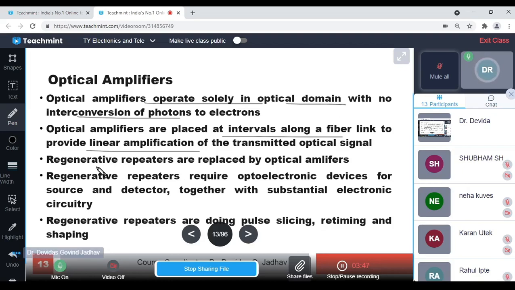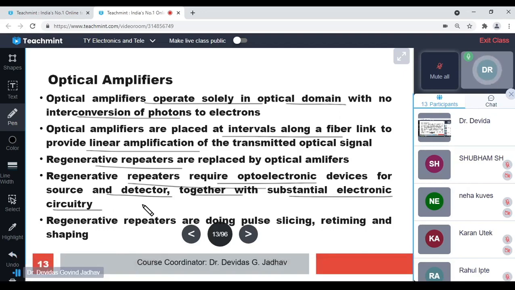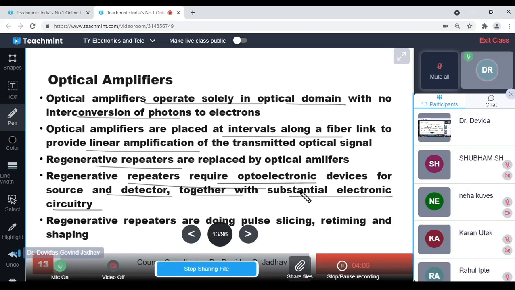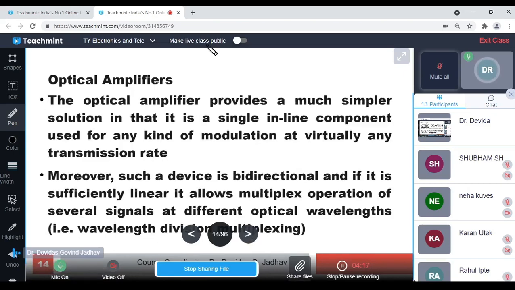Regenerative repeaters are replaced by the optical amplifiers, and the optical devices for the source and detector together with the substantial electronic circuitry will be replaced. Regenerative repeaters do pulse slicing, retiming and reshaping. All these will be avoided, saved rather. Task or work functioning is saved.